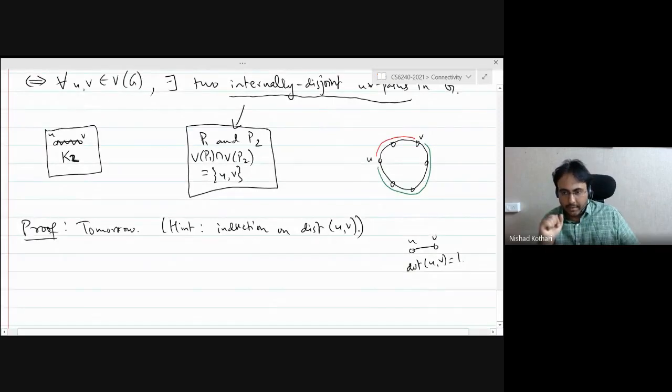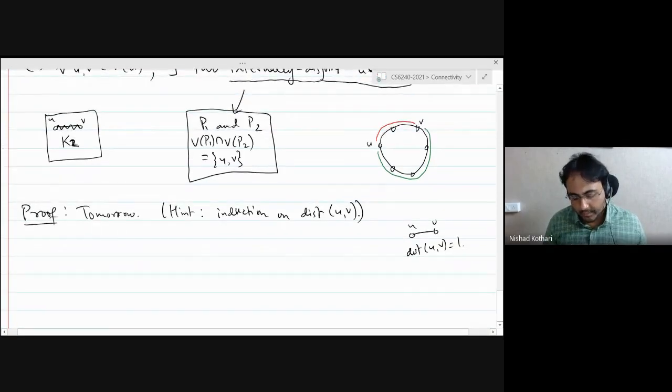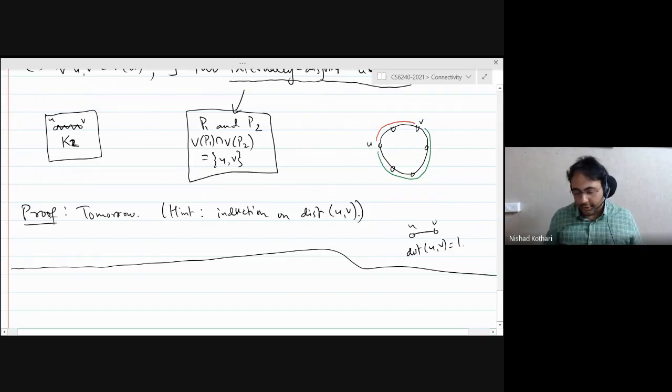And that would be your base case. So first you can think about the case where the distance is equal to 1. They are adjacent vertices. And then you can think about the induction step where you take the distance to be greater than 1.